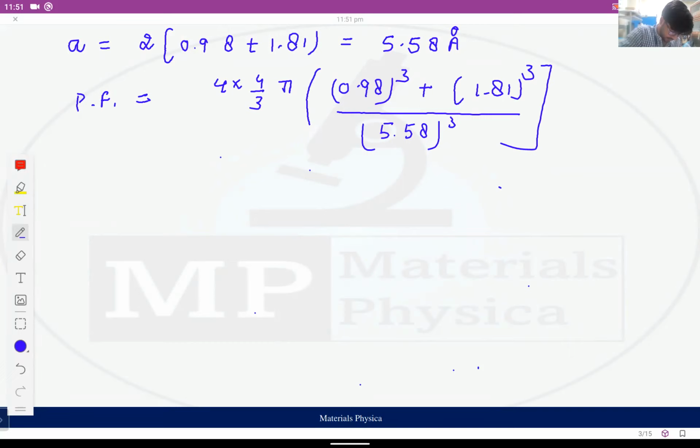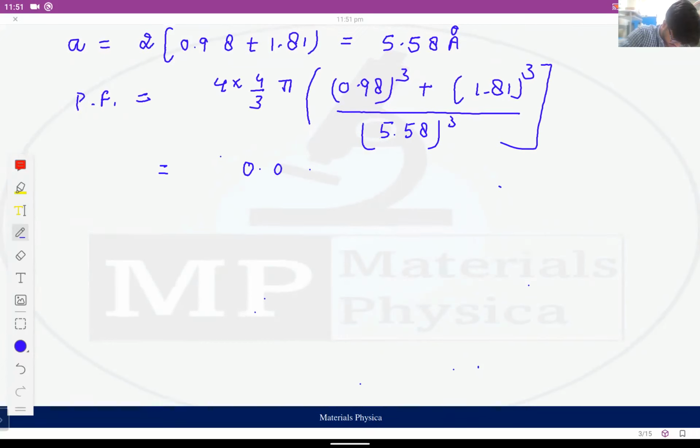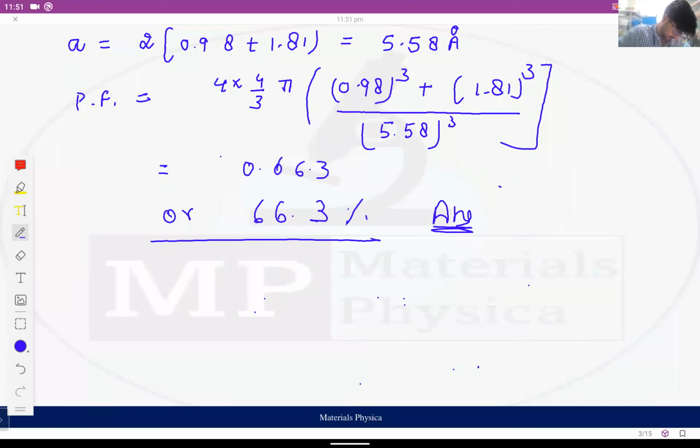Now when we solve this, we will get 0.663, or we can say 66.3%. This is our packing fraction.